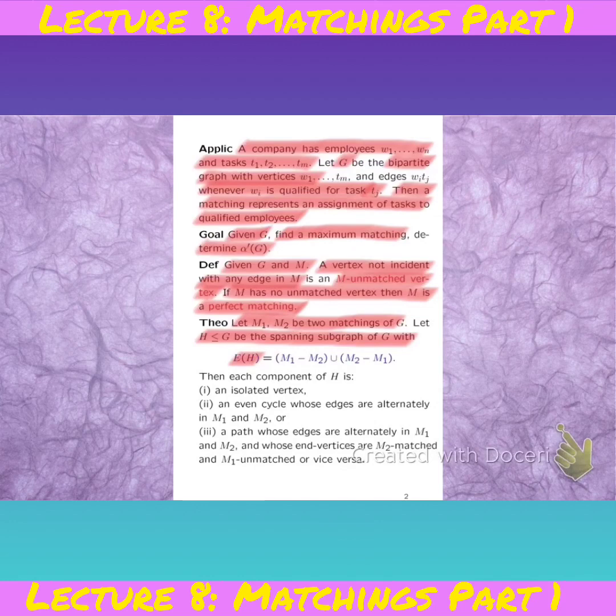You take the matching M1 and remove all the edges of the second matching M2, and take the union of that with the edges you get by taking M2 and removing all the edges of M1. That is a graph that has the following properties.